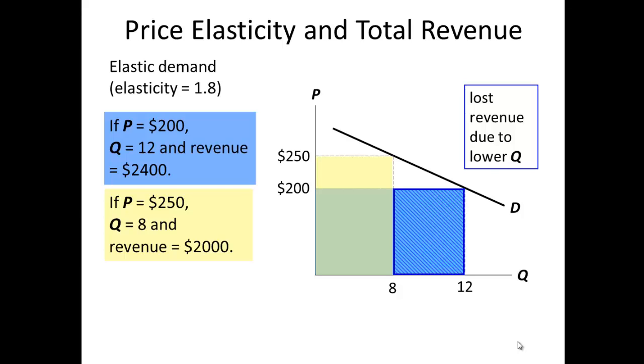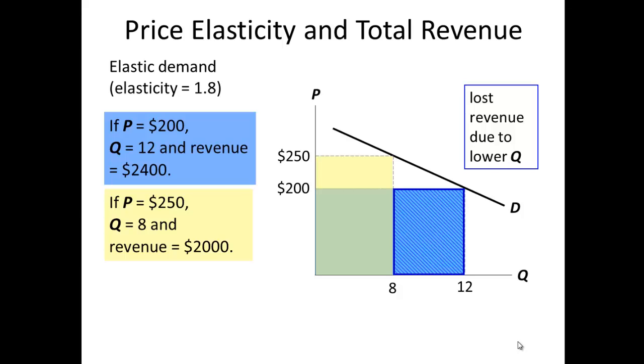Now, briefly, let's look at this particular demand curve, and we're going to go back and use the scenario from the previous lecture. You own a website design firm, and if your starting price is $200, you're thinking about raising the price for your services to $250.